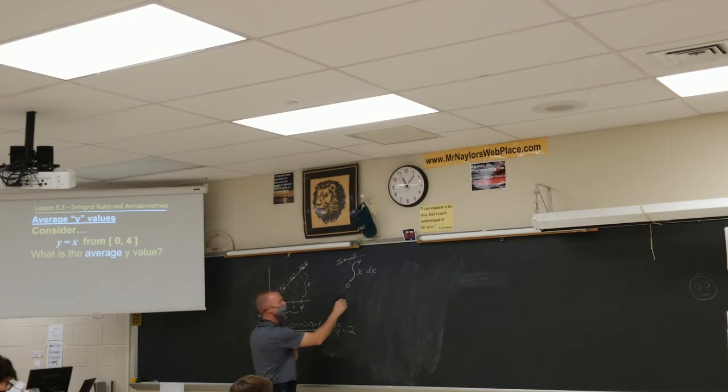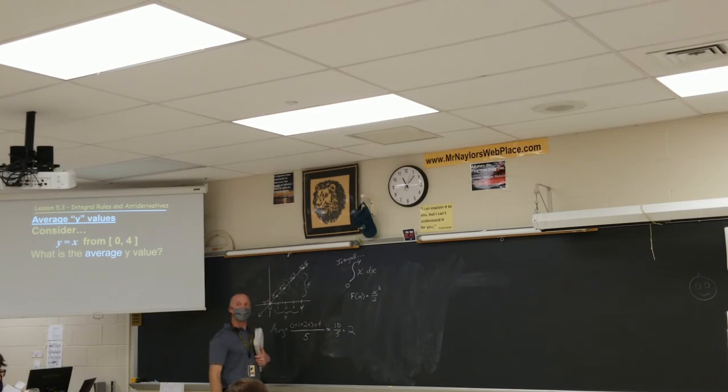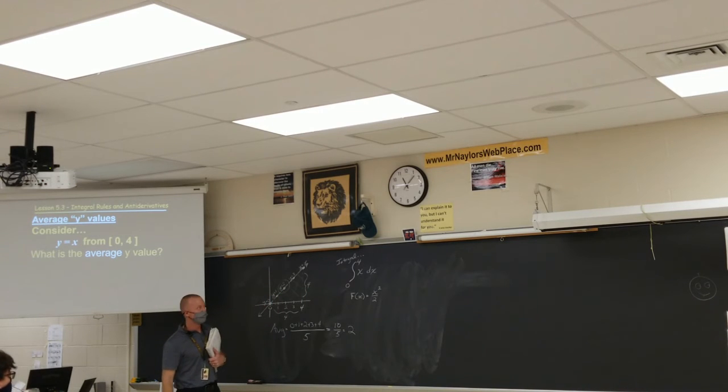If you're like, hey, what about this capital F of x thing? Sure, it's pretty cool. It's called the antiderivative. It especially is helpful for problems that are not just nice little triangles.